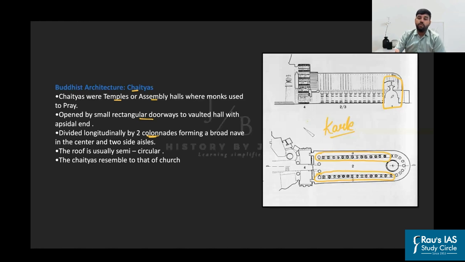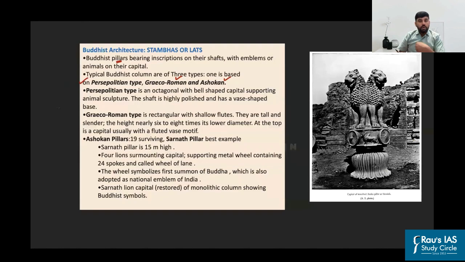Now, moving ahead. Let's talk about the pillars. There are three styles of pillars that India had: Persepolitan, Greco-Roman, and Ashokan. All of you must have heard only about Ashokan. Some of you might have seen the Greco-Roman as well. We have included all three. The first one is octagonal in shape, something like this. Bear with me if I cannot construct an octagon.